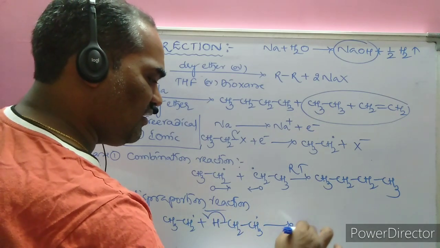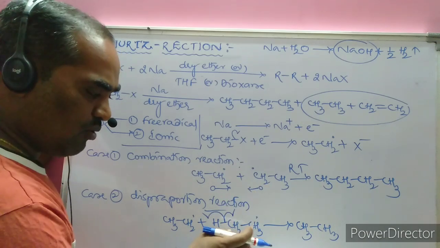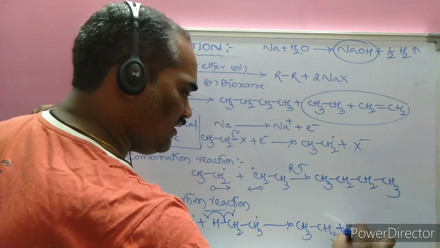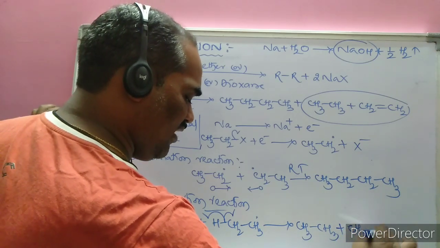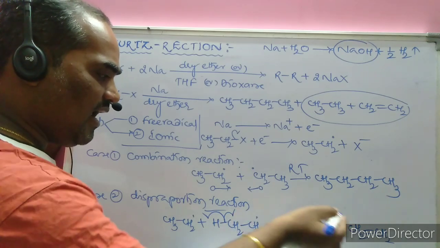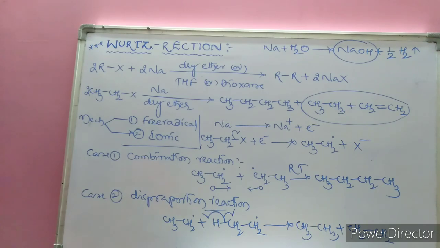What is formed? CH3CH3. And this bond is also broken homolytically. This electron establishes a new bond. As a result, CH2=CH2 is formed. Like this, the mechanism proposed by the free radical pathway can be explained. Under that, the most suitable mechanism for the Wurtz reaction is the combination reaction.